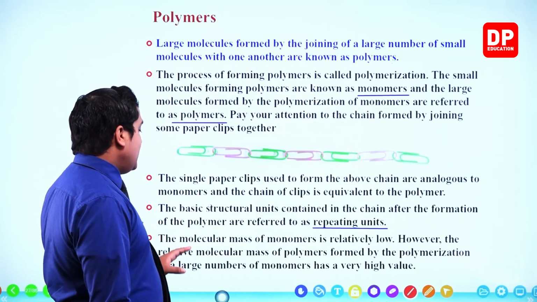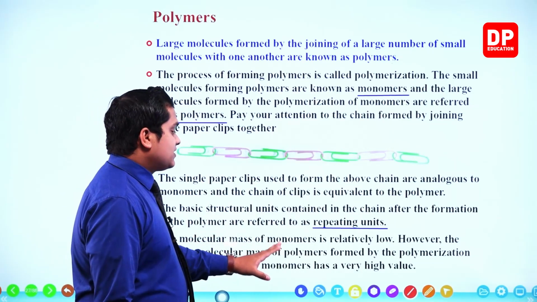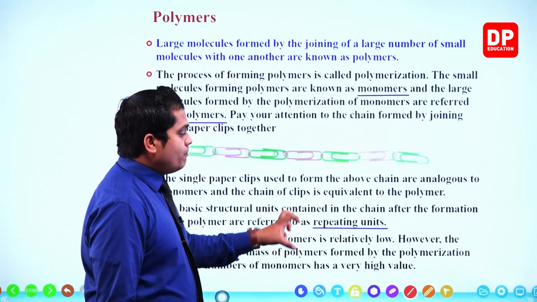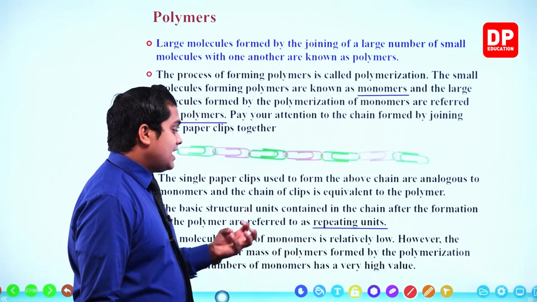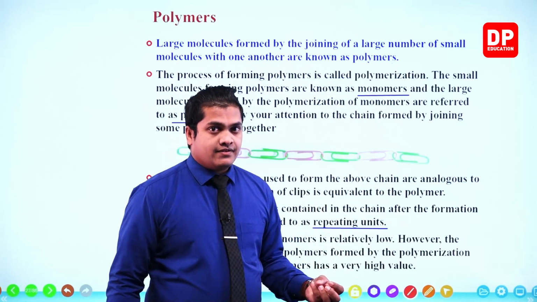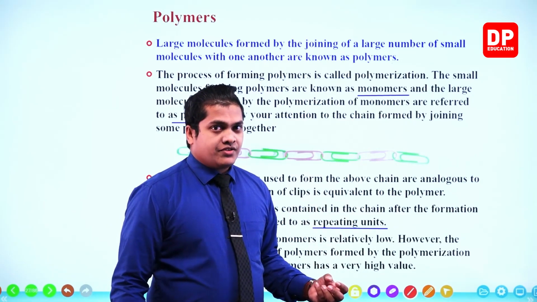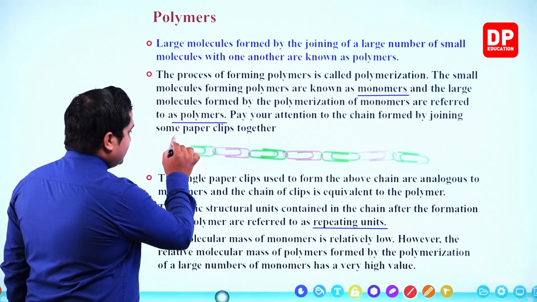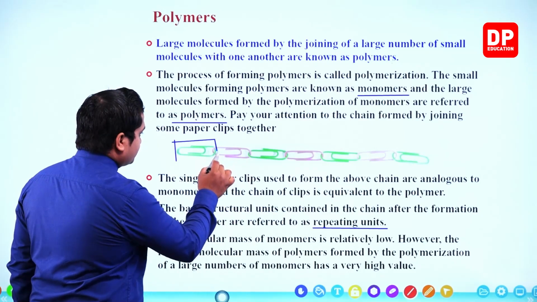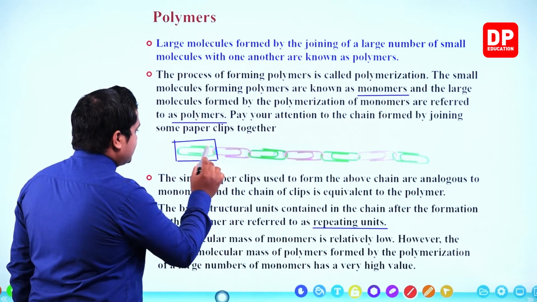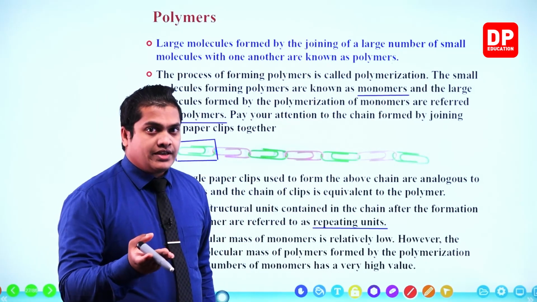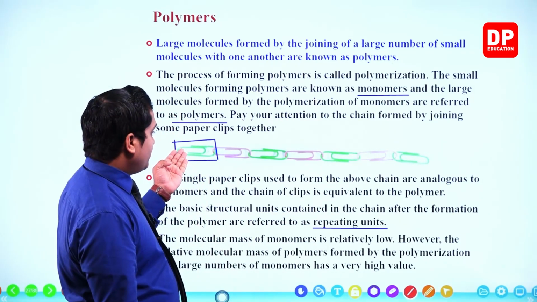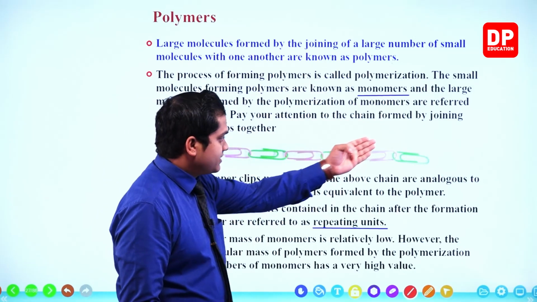However, the relative molecular mass of polymers formed by the polymerization of a large number of monomers has a very high value. This is a monomer now. Let's take this one as ethene, so 28. How many 28s are there now? 1, 2, 3, 4, 5, 6, 7.